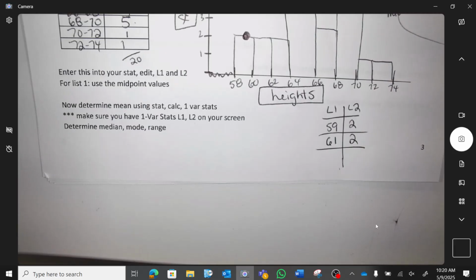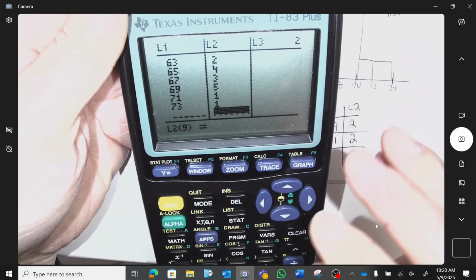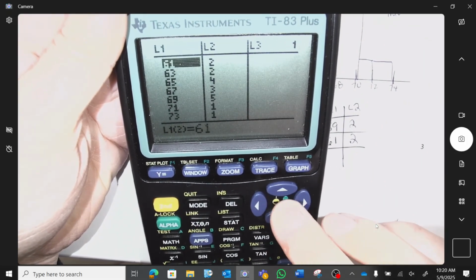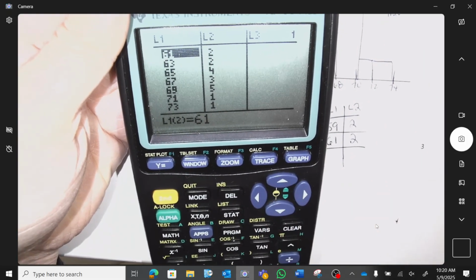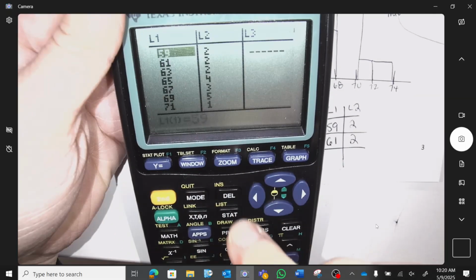So stat edit. Yesterday, stat edit, and we're putting our data in there.